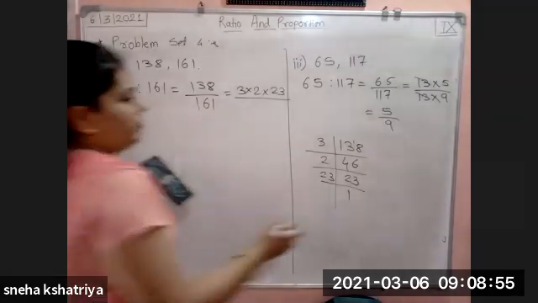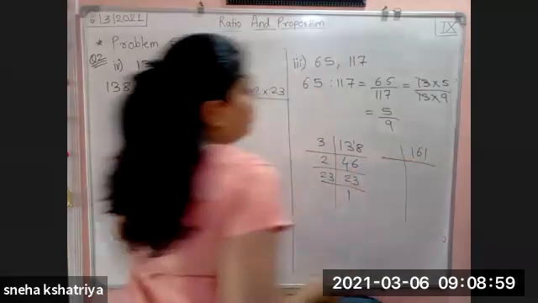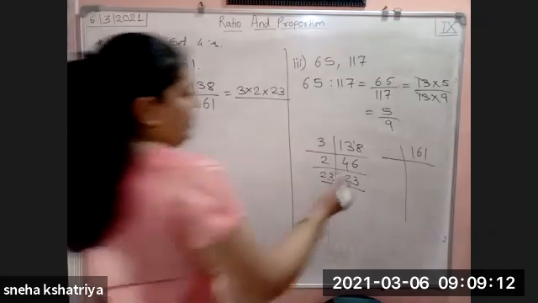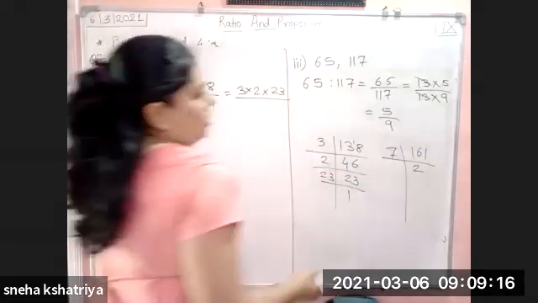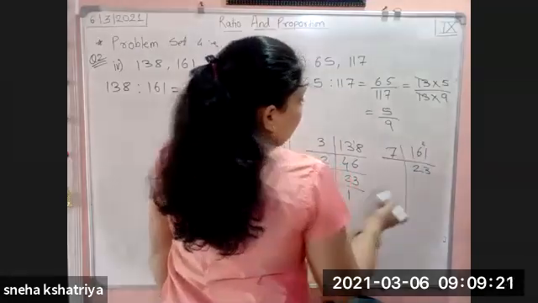Now 161. We have to find out the factors of 161. 161 is not divisible by 2, 3, 4, 5. It is directly divisible by 7. 7 twos are 14, 2 remains, 21, 7 threes are 21.